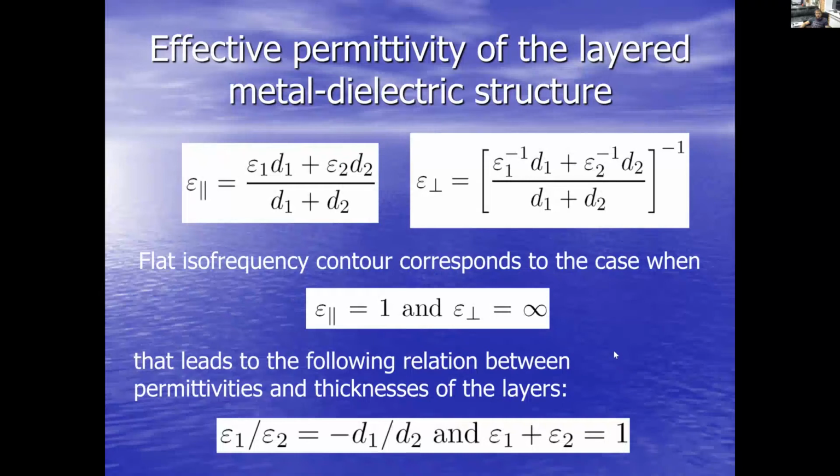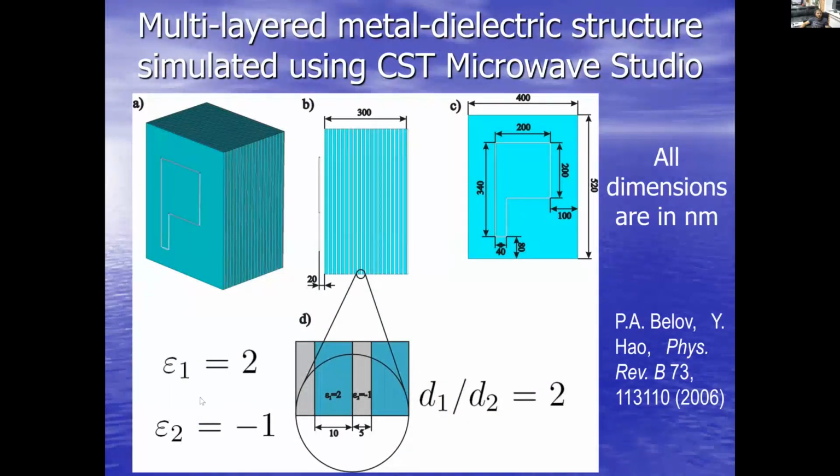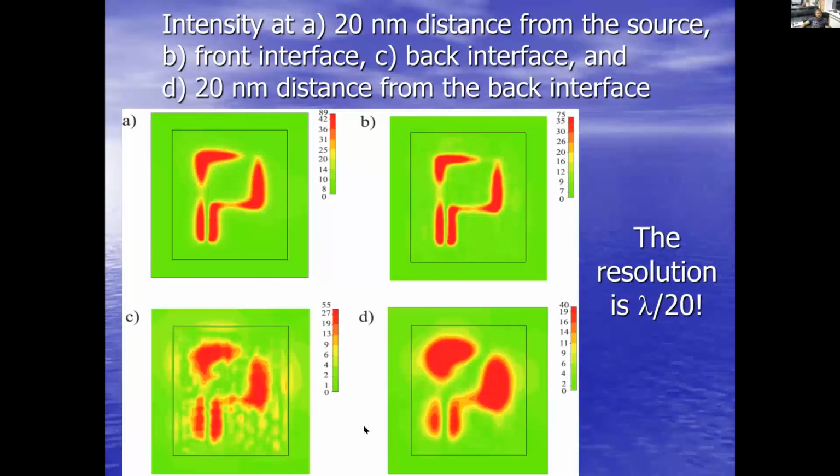It was pretty easy to satisfy: say, if you have a material with epsilon equal to 2 and another with epsilon equal to -1 at a particular frequency, the ratio between d1 and d2 should be 2. We performed modeling of layers of a material with epsilon 2 and a material with epsilon -1, with thicknesses of 10 nanometers and 5 nanometers. And we got very nice images.